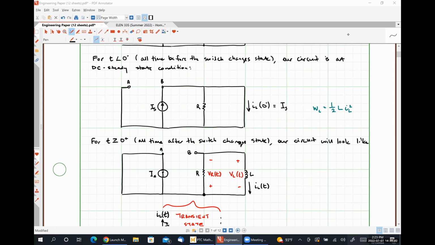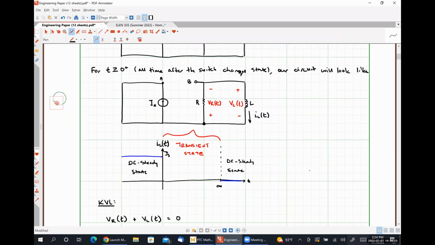Well, we know, or at least we learned the other day, that the current flowing through an inductor cannot change abruptly, which means that the current flowing through the inductor at t is equal to 0 plus, the instant the switch changed positions, must also be IS.